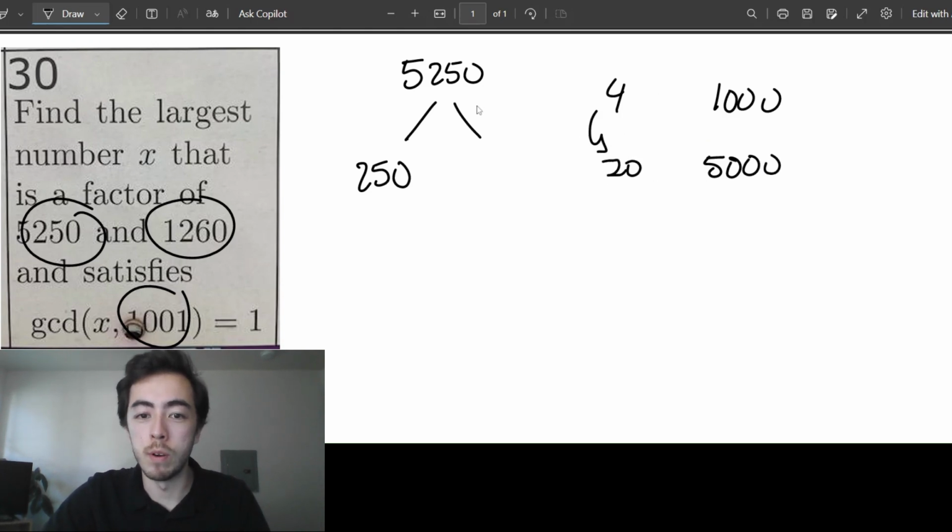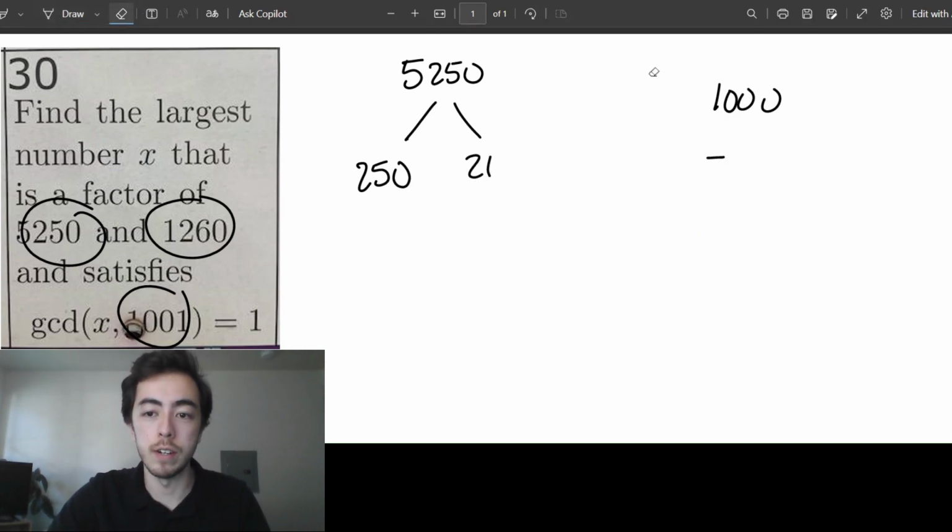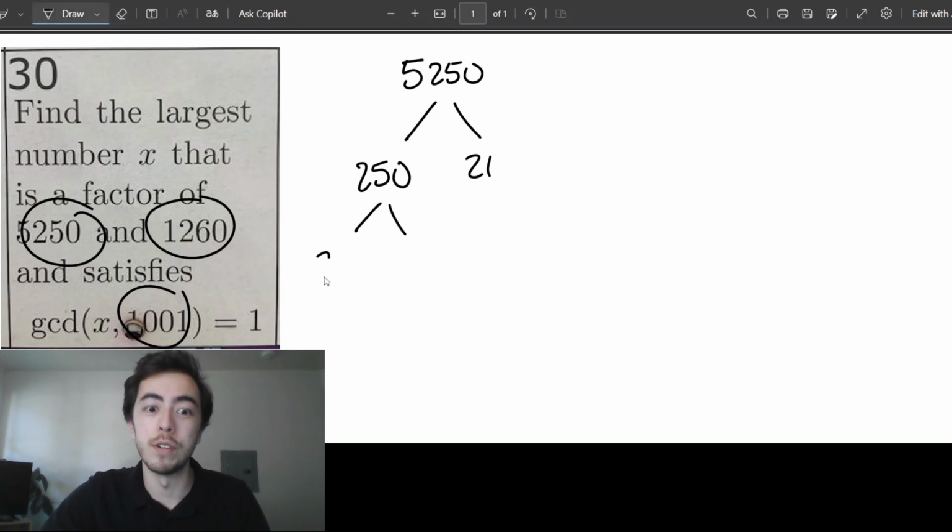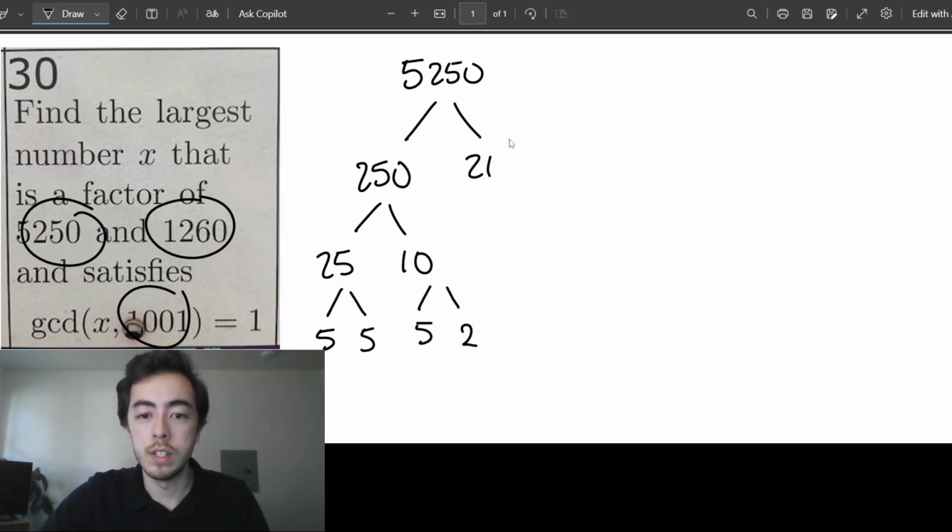And then the one more 250 makes 21, the right number to put here. And let's keep factoring. 250 is pretty clearly 25 times 10. And then finally, I can break this up into 5 and 5, and then 5 and 2. And then this 21 is 3 times 7. And now I have found all the prime factors for 5,250.